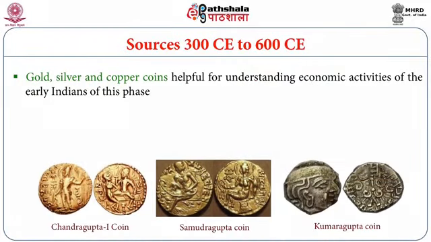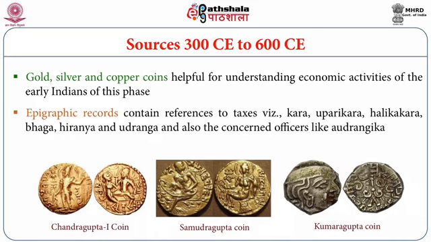Gold, silver and copper coins are helpful for understanding economic activities of the early Indians of this phase. Epigraphic records contain references to taxes, Koro, Uporikoro, Halikokoro, Bhago, Hiranno and Udrongo, and also the concerned officers like Udrongiko, those who were associated with the collection of these taxes, called revenue collectors or officers, those who collected Udrongo, like that.